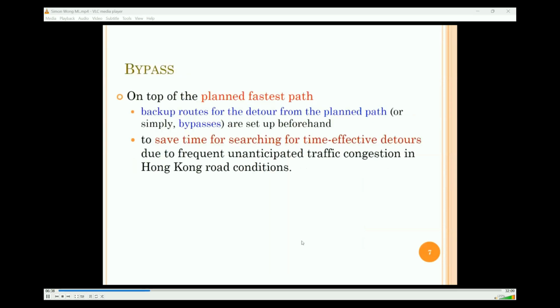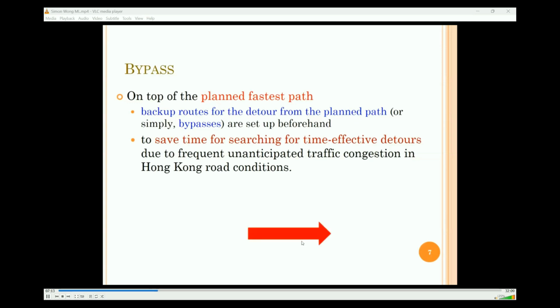On top of the planned fastest path, backup routes for detouring from the planned path are set up beforehand. These backup routes are called bypasses in my paper. Setting up these bypasses saves time in searching for time-effective detours due to frequent unanticipated traffic congestion in Hong Kong road conditions.